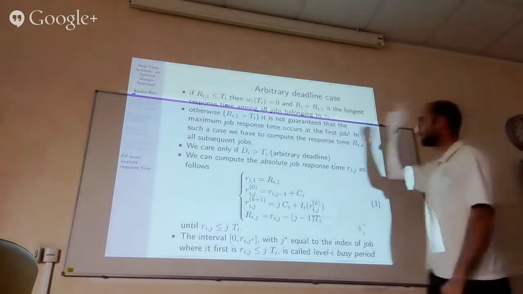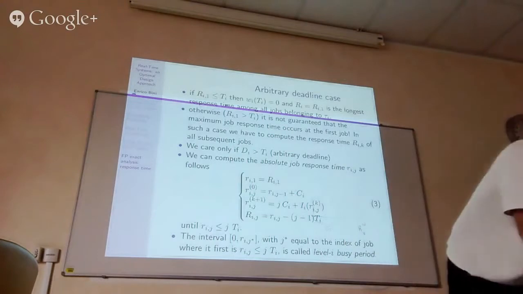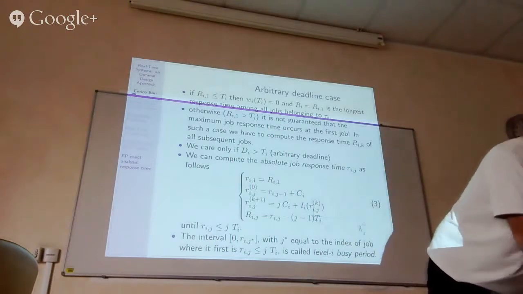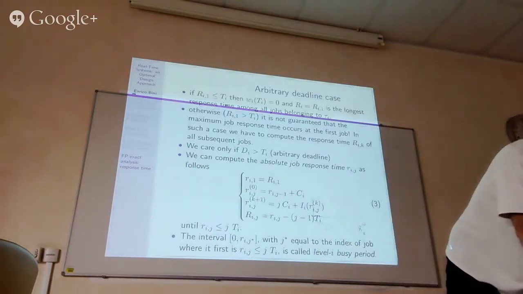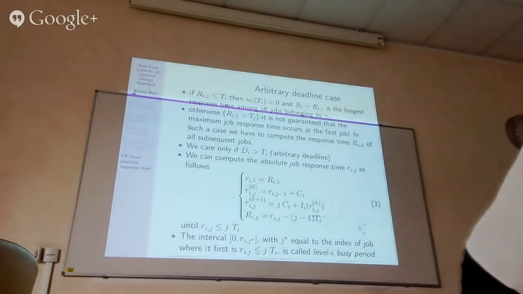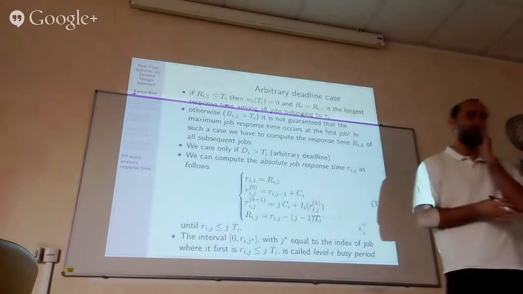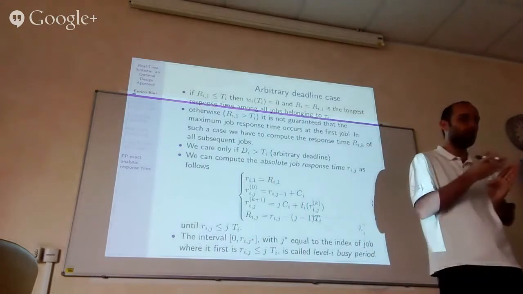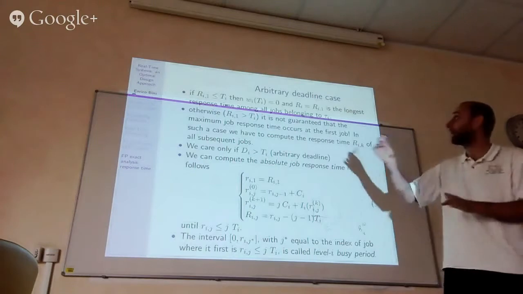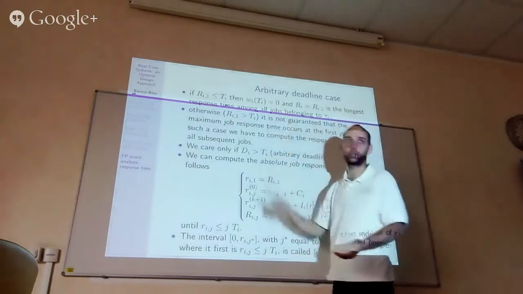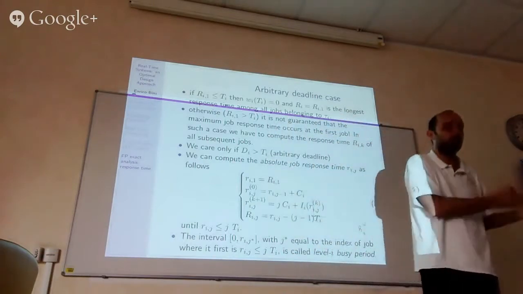Right. So if the response time of the first job is less or equal than the period Ti, then the first job has completed at Ti. It's completed because the response time is less or equal than Ti. And then the pending work at Ti is 0 for the task i because it has finished.